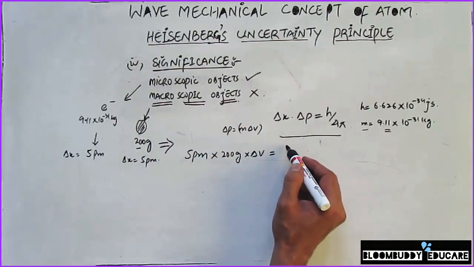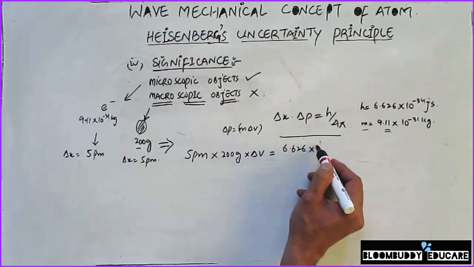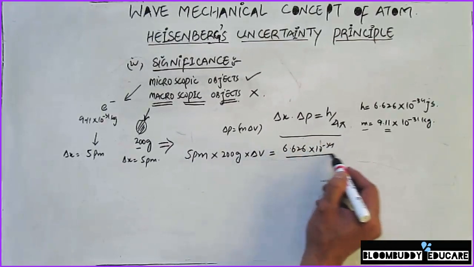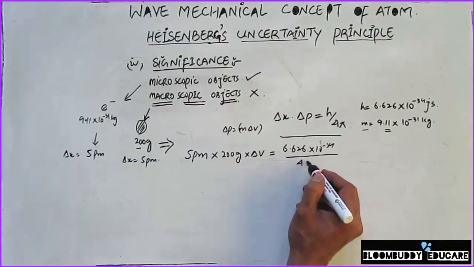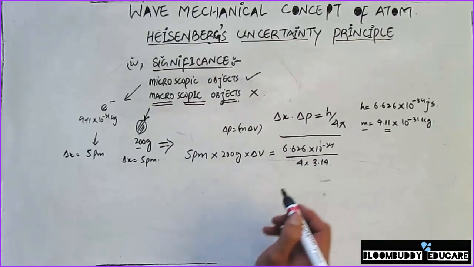So h by 4 pi is 6.626 into 10 to the power minus 34 joule second, divided by the value of 4 pi, that is 4 into 3.14.